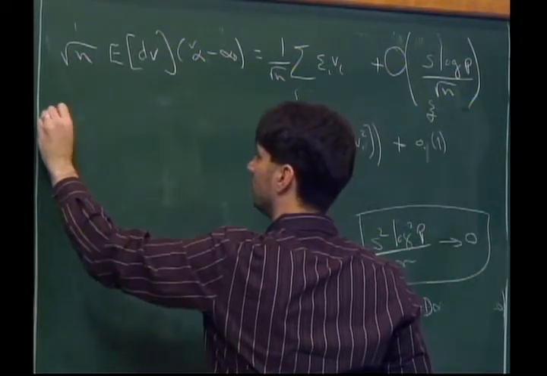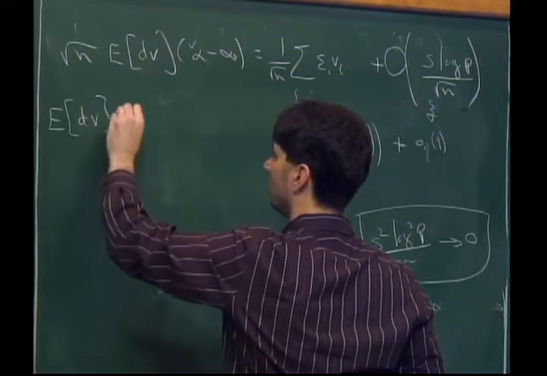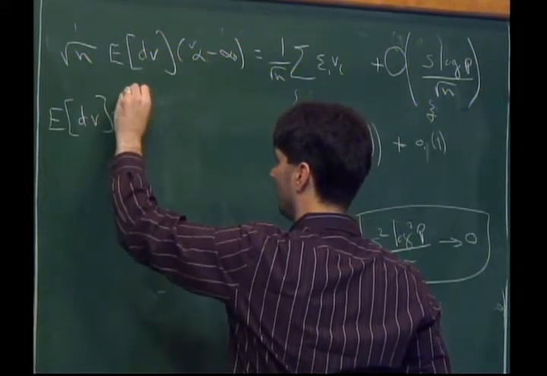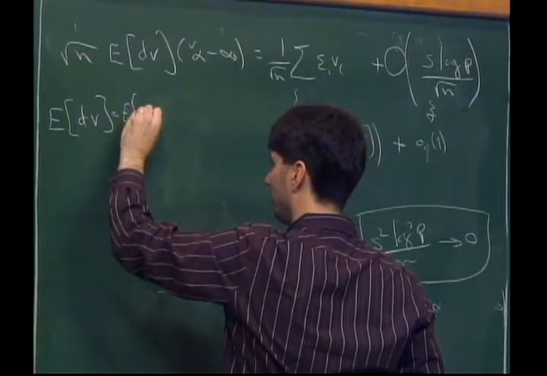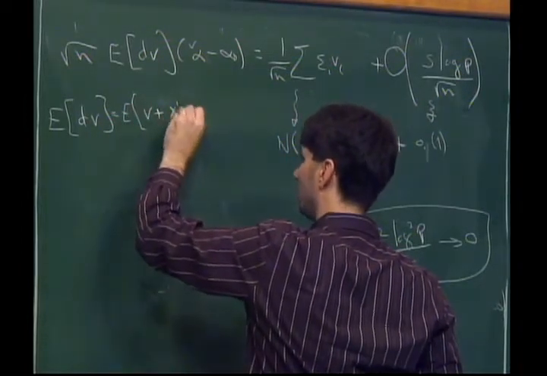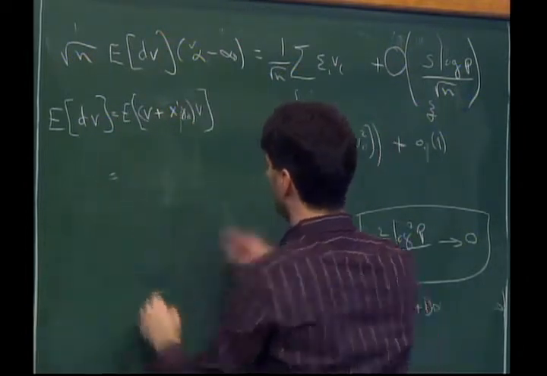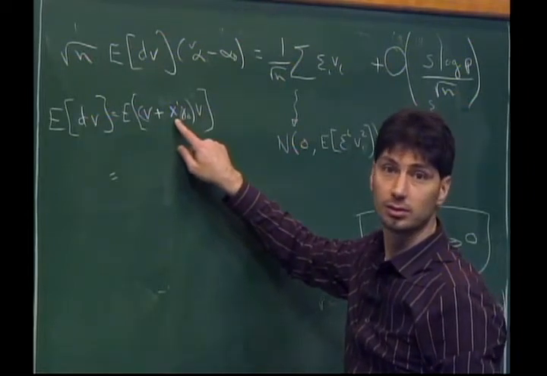And just to note that dv, well, this is actually expected value of v plus x gamma naught times v, but v is orthogonal to x.